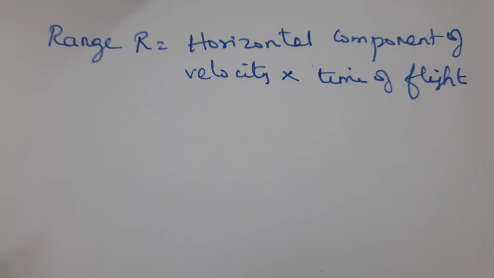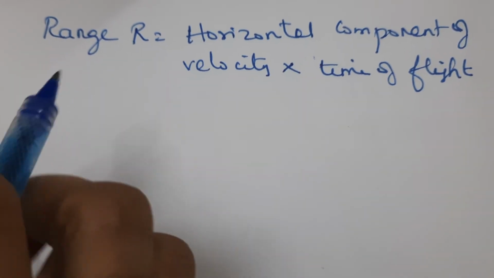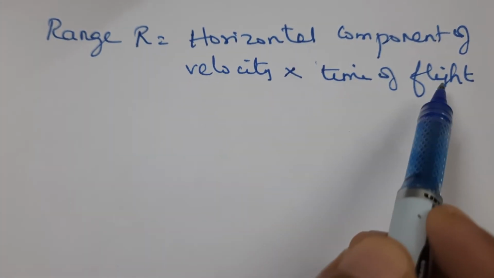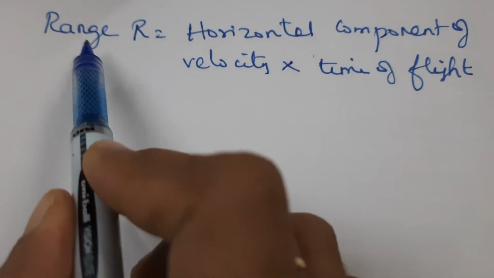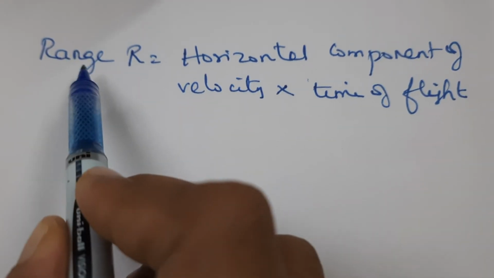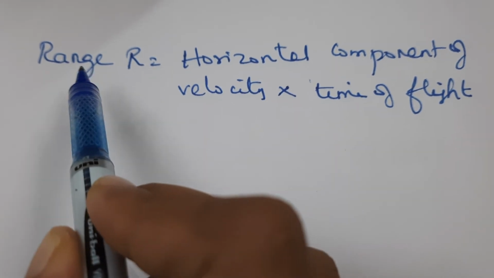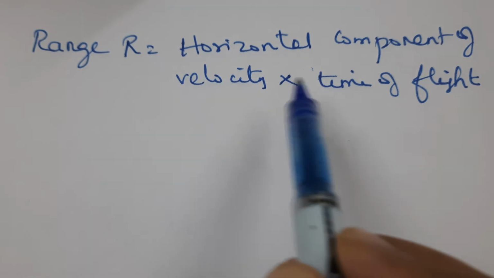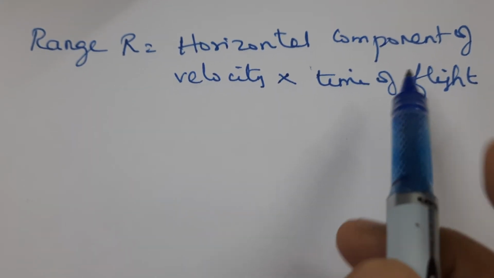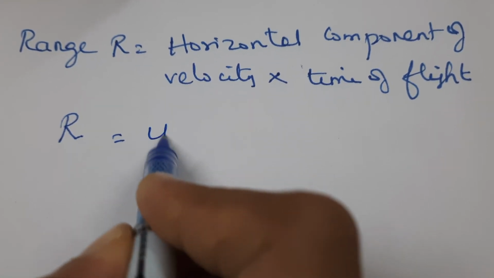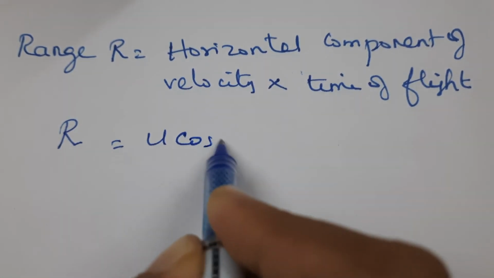The range R can be easily obtained from the horizontal component of velocity into time of flight. That is, distance is equal to velocity into time. Here the distance is nothing but the horizontal distance, that is the range. So R equals horizontal component of velocity into time of flight. What is the horizontal component of velocity? u cos theta.